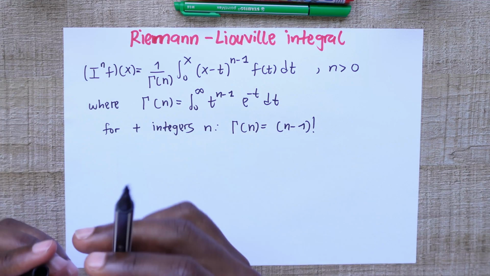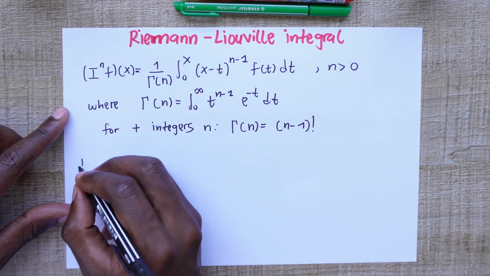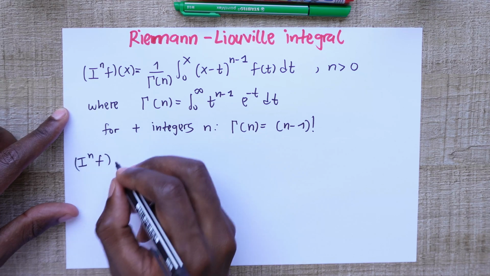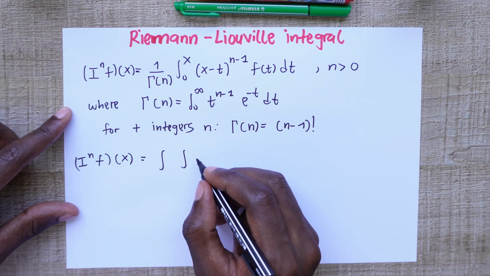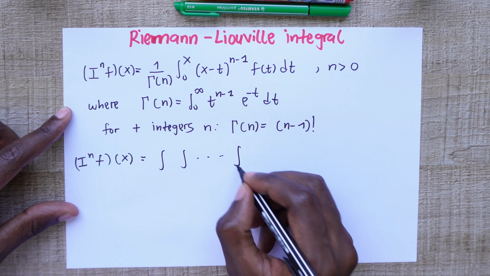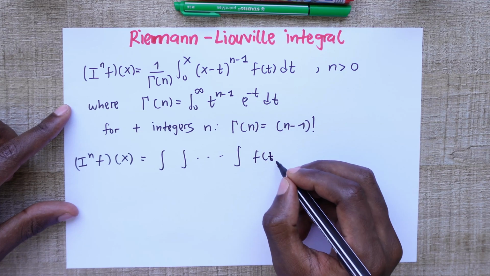So already, let me write explicitly what I^n of f means. I^n of f means an nth order integral of the function f, let's say f depending on t.